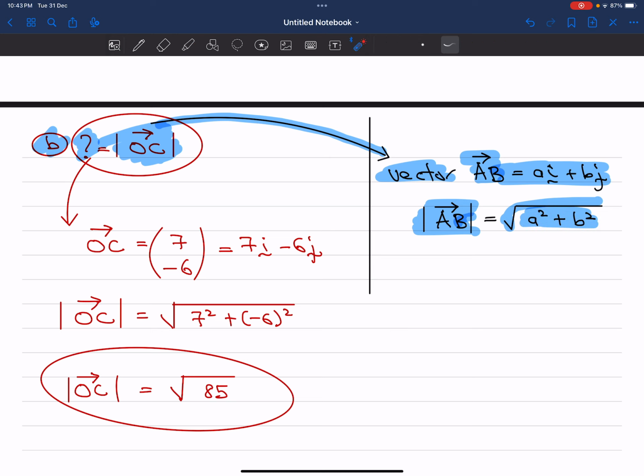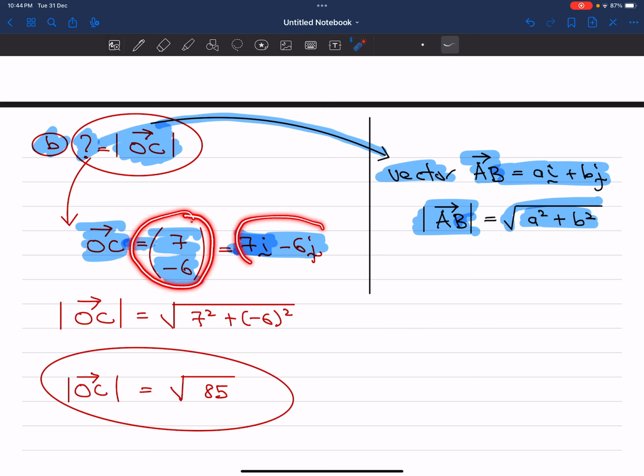And since from part A, we already got the vector OC, which was in column vector (7, -6), and this (7, -6) is of course the same as 7i minus 6j. A vector can be written in column form or in i and j.